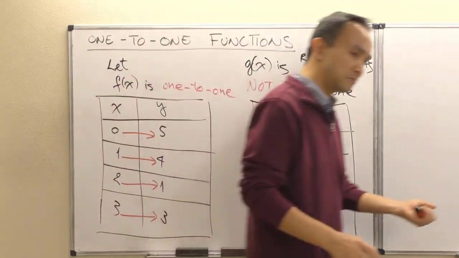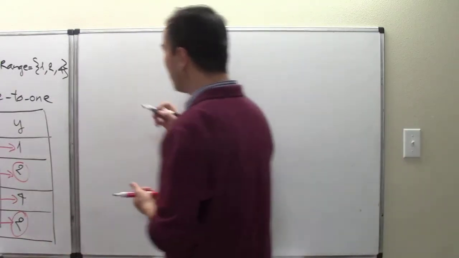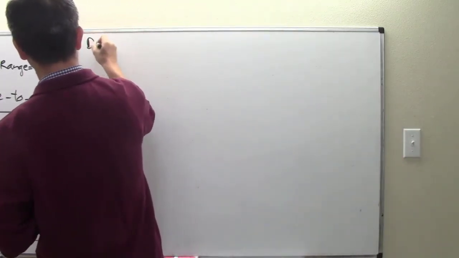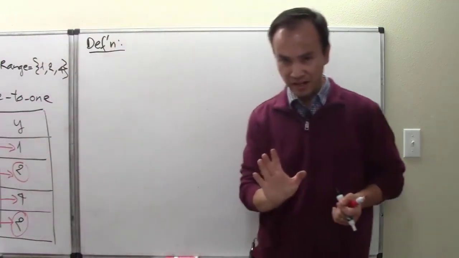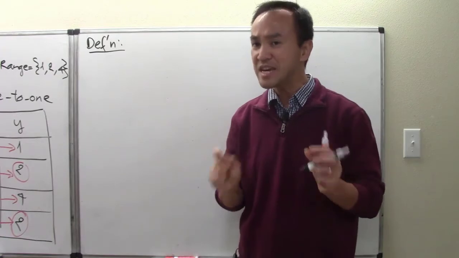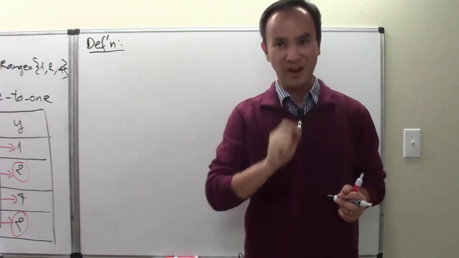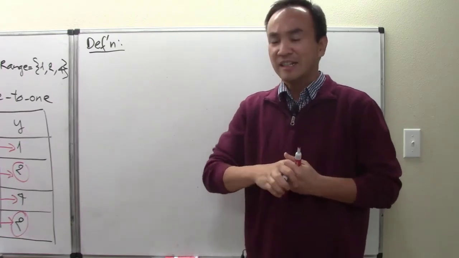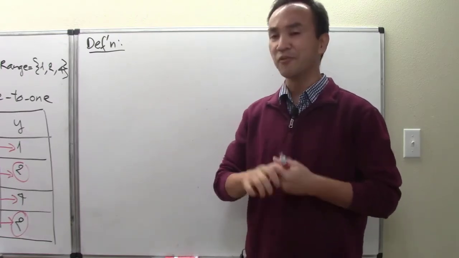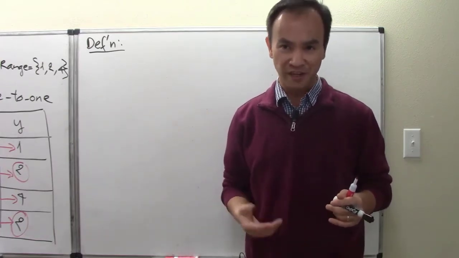Okay, so now let's come to a formal definition of what it means to be a one-to-one function. Just like I explained, being one-to-one is an adjective, a property of a function. Any function, and at this point you have seen a lot, and I highly recommend viewing this lesson after you have learned all about your toolkit functions.